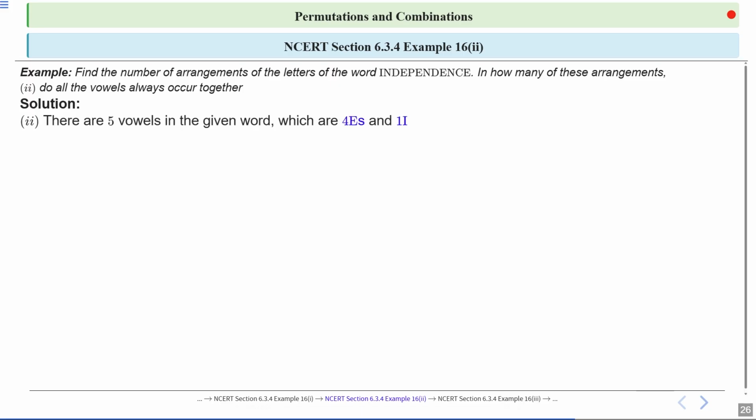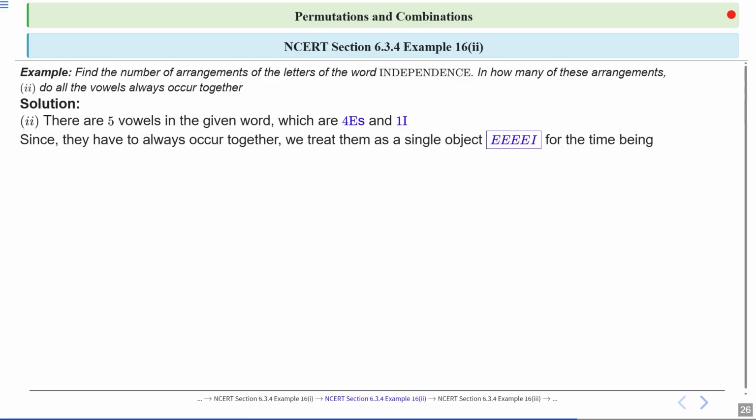Now look, students, here there are 5 vowels in the given word, which are 4 E's and 1 I. Since they have to always occur together, we treat them as a single object. This single object together with 7 remaining objects will account for 8 objects.